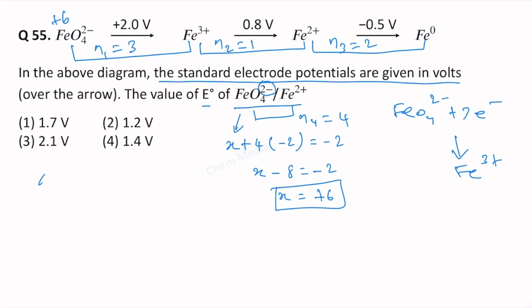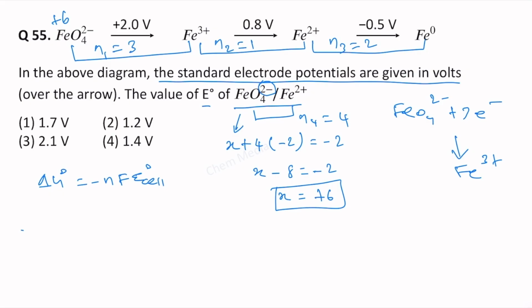We can calculate that. We know that delta G standard is equal to minus nFE cell standard, where n is the number of moles of electrons, F is the Faraday constant, and E cell standard is the reduction potential.